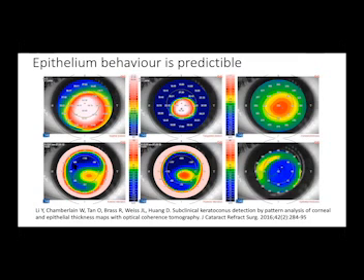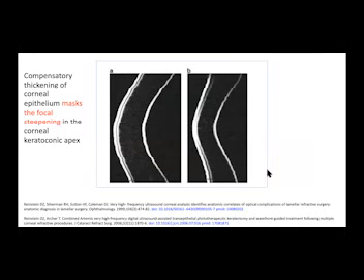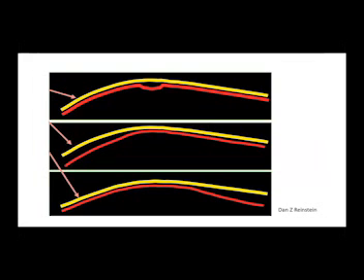We know that the behavior of the epithelium is predictable. We have thinning at the peak of the cone. In every keratoconus we have this image of a donut: thinning here, and thickening around.